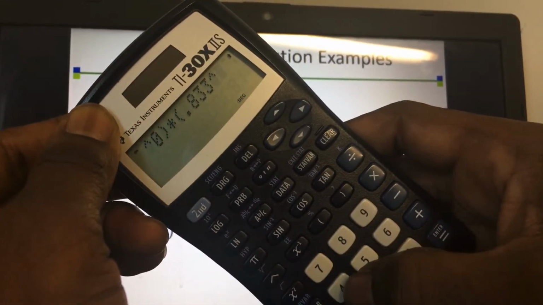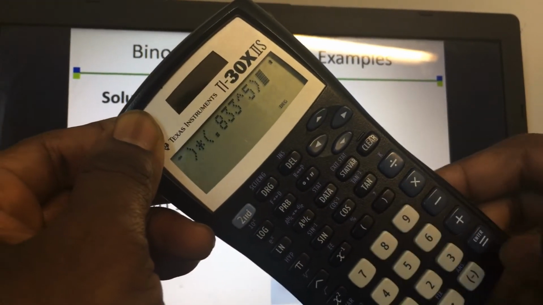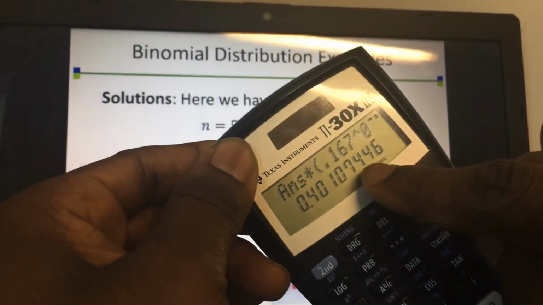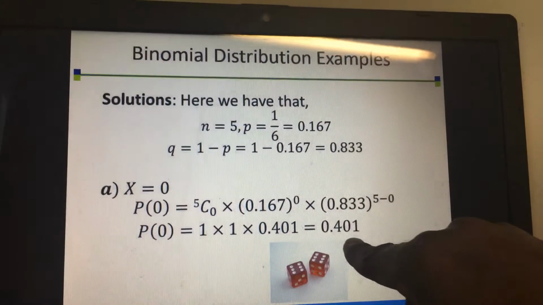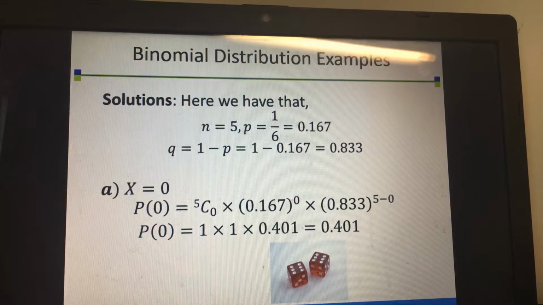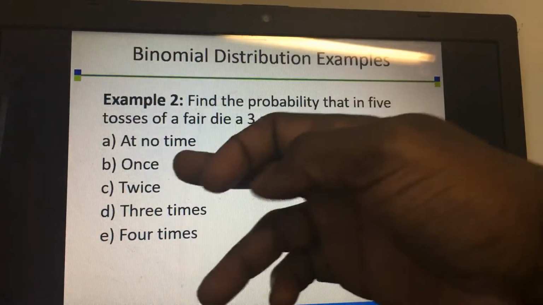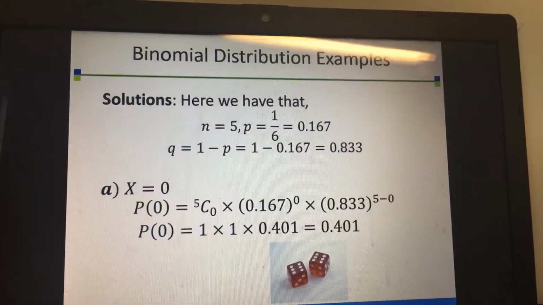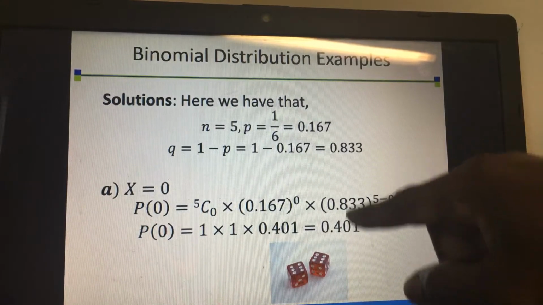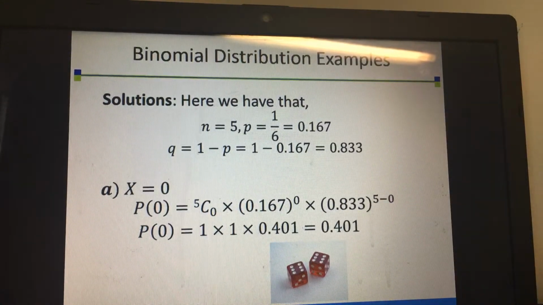Okay, 5. Close it. That'll give me 0.401. You can see right there, 0.401. So the probability that 3 appeared at no time is 0.401, or 40.1% chance that it doesn't appear.